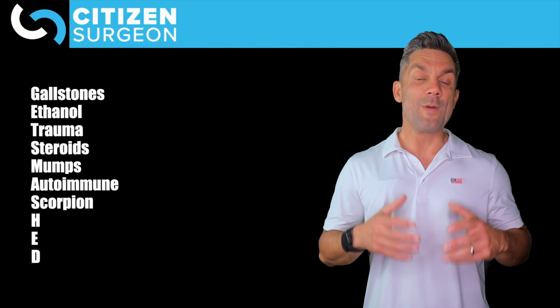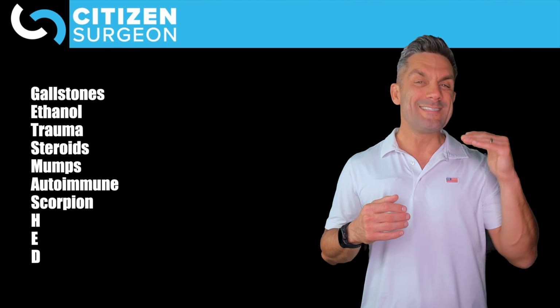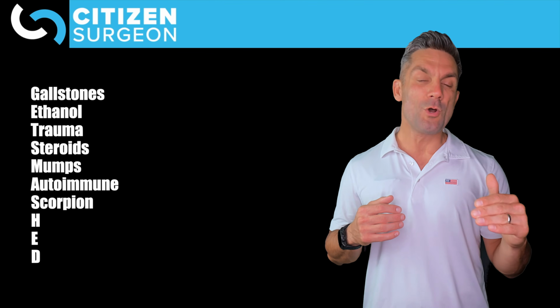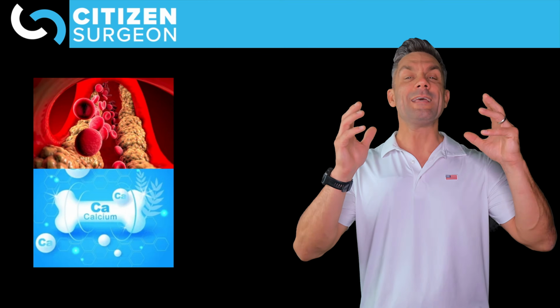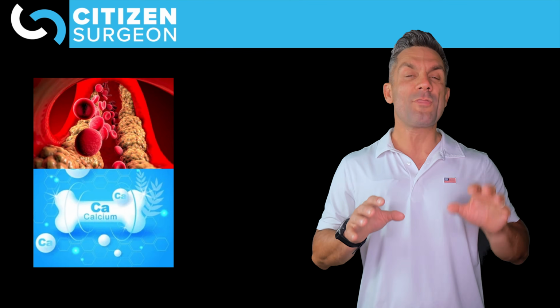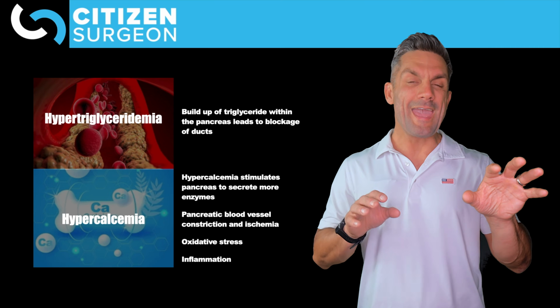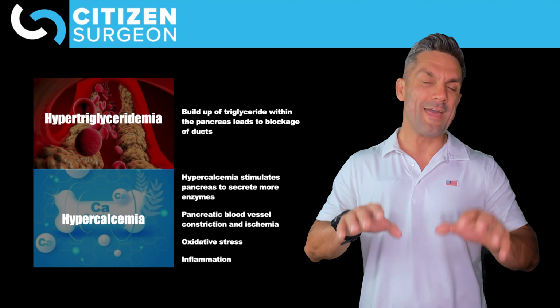All right, so now we have gallstones, ethanol, trauma, steroids, mumps, autoimmune, scorpion bites, and H. Well, H is a bonus letter because you get two, okay? H is both hypercalcemia and hypertriglyceridemia, all right? So I have both here.